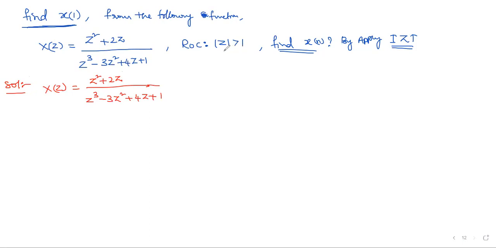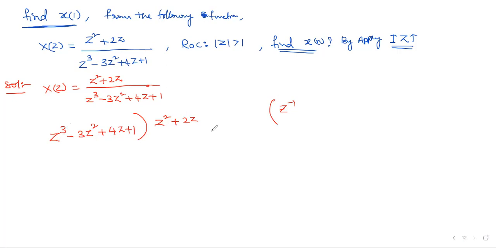It is right-sided. Right-sided means we need to take the highest power first. Divide z square plus 2z by z cube minus 3z square plus 4z plus 1. Draw it somewhere here, because I need to multiply now. Z cube, I want z square. What do I need to do? I will multiply with z power minus 1.